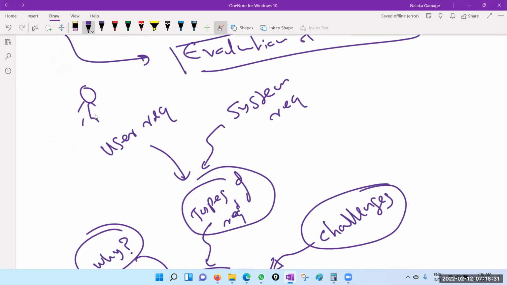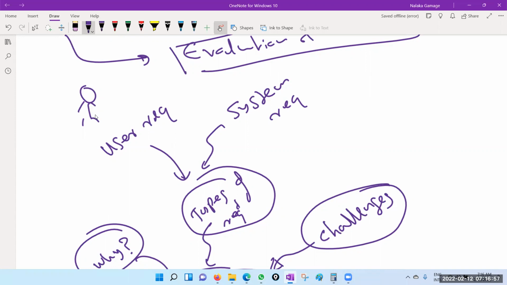Right? So he will say, I need this functionality, this system needs this, that functionality. And currently we have this kind of a business process. That system must support this, etc., etc. So we call them user requirements. So the user or set of users will say that, okay, we need to handle orders.